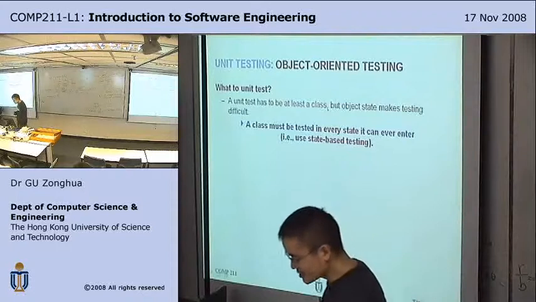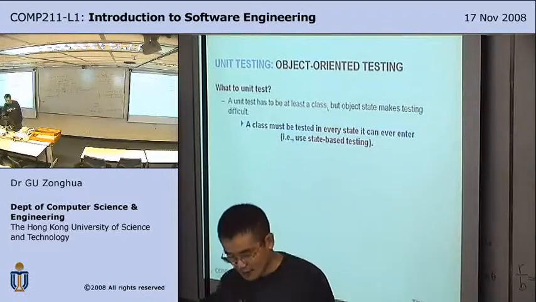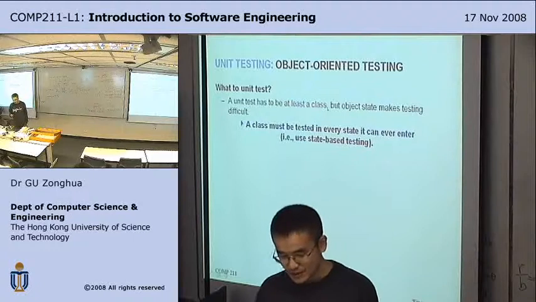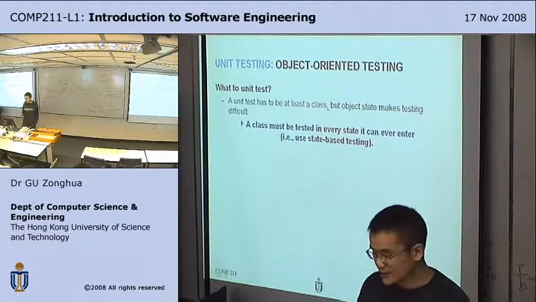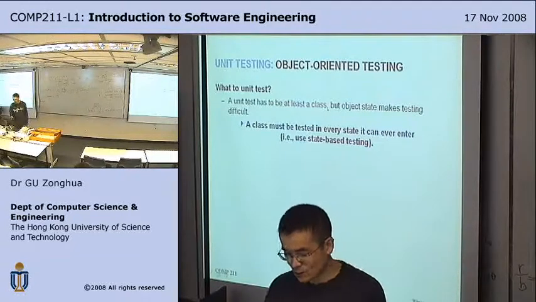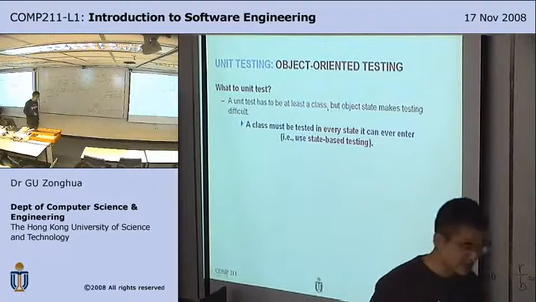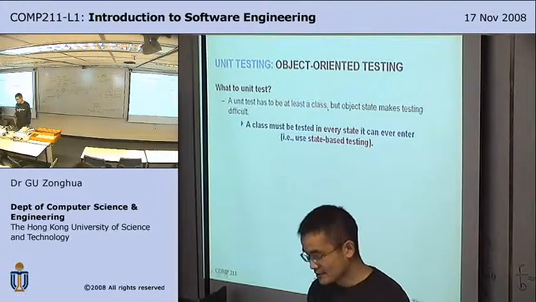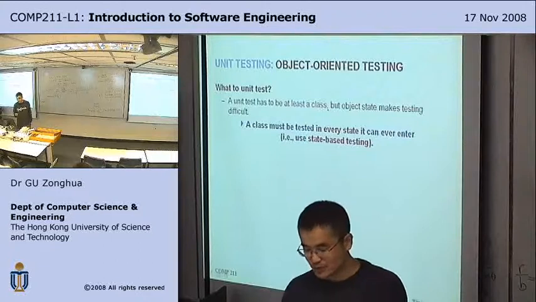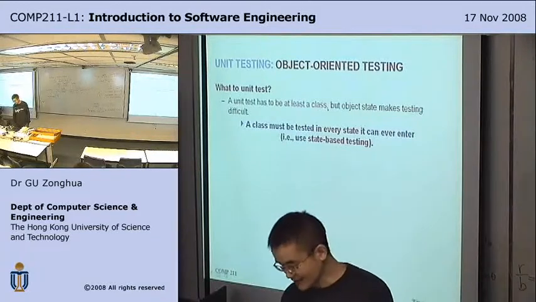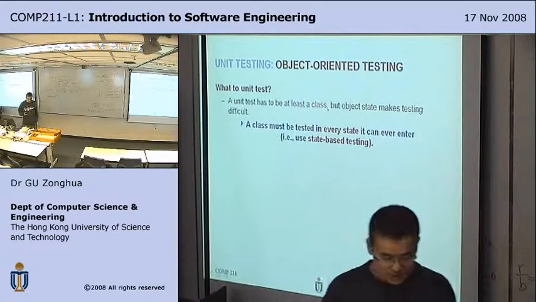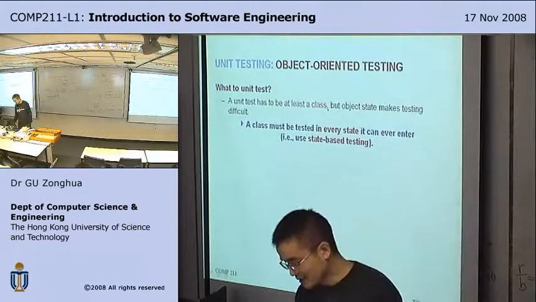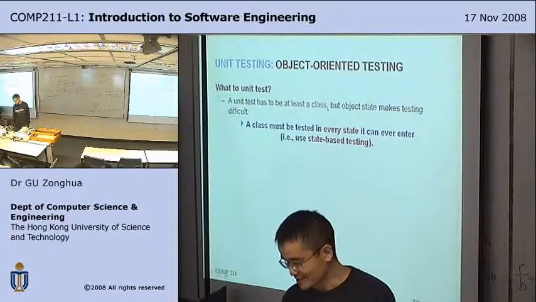So just testing a method with one particular set of attribute values, even though you tried all the valid and invalid ranges like in black box testing, is not guaranteed to be correct in any other state, because the internal object state may be different. Therefore, you need to drive the object to a certain state and then test the object in every state.